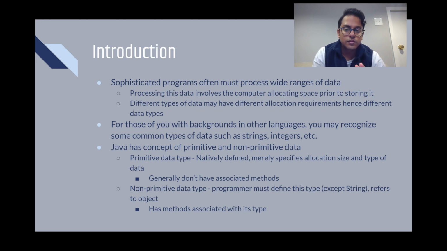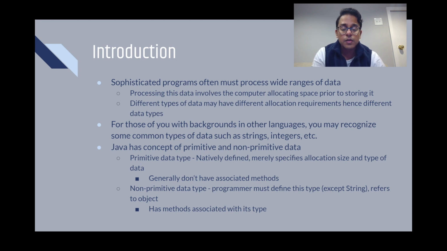Java has something that makes it very unique in the sense of data types. And it's this notion of primitive and non-primitive data. On the one hand, we'll have primitive data types, which are natively defined, and all this means is that these are the data types that come built in with Java.